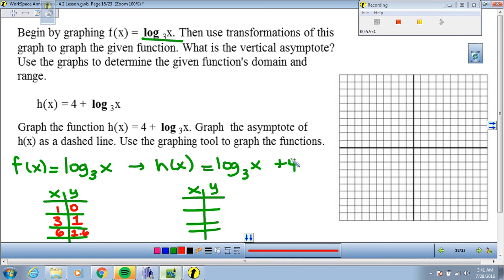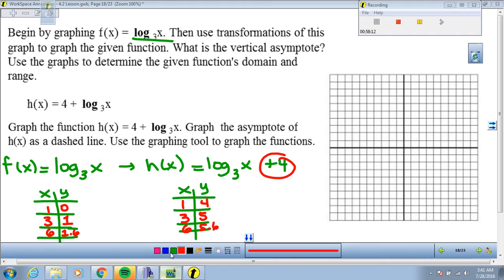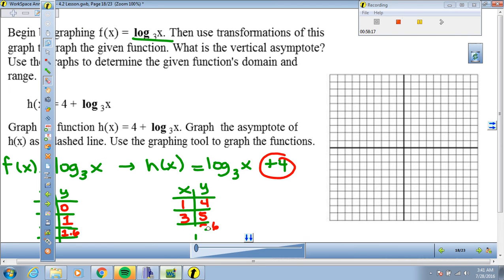So you're going to be adding 4 to every single y. The x's stay the same. So 0 plus 4 is 4, 1 plus 4 is 5, 1.6 plus 4 is going to be 5.6. Okay, so when we plot the points, and probably I can do more space here, this looks horrible.